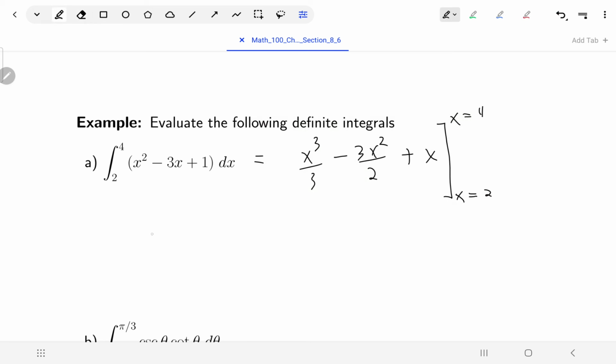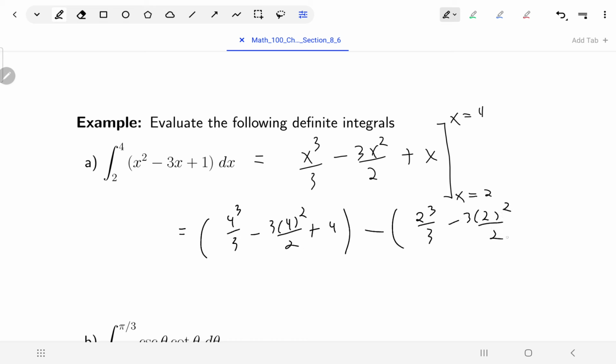And we always evaluate at the top limit of integration, so putting in 4 for everybody, and then minus evaluating it at the lower limit of integration, putting in 2 for everybody. When I evaluated this earlier, I got 4/3 minus negative 4/3, which gave me 8/3.